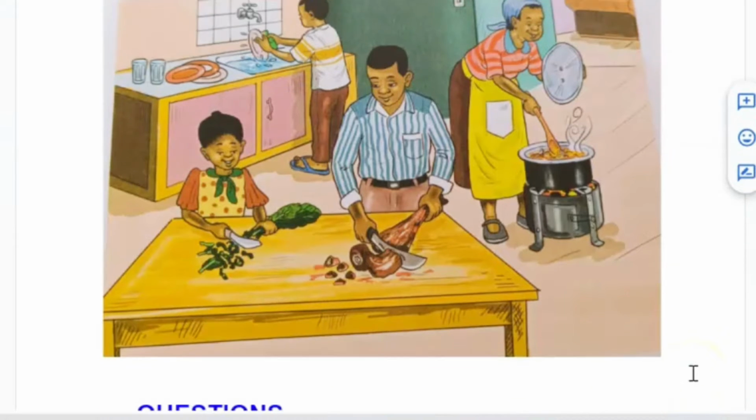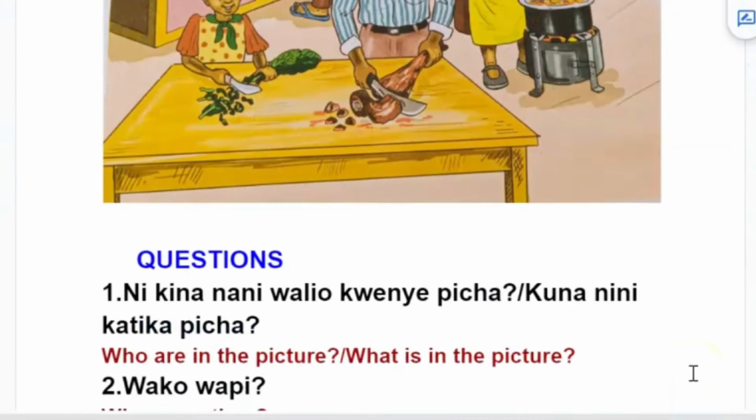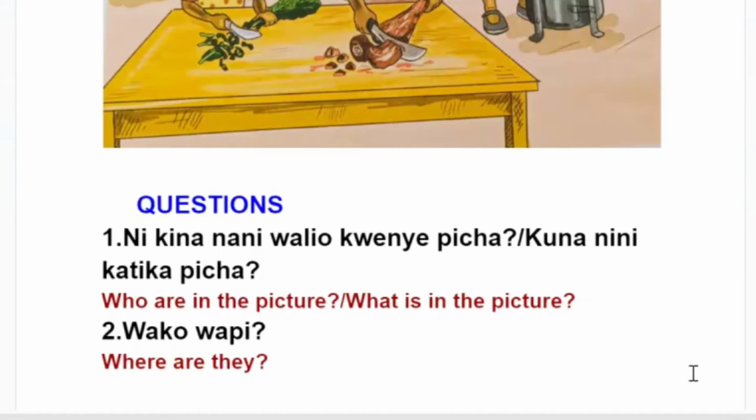The first thing is to create some questions and then try to answer them following the picture you have. The first question you want to ask yourself is, who is in the picture or what is in the picture? In Swahili, we simply say, ni kina nani walio kwenye picha?